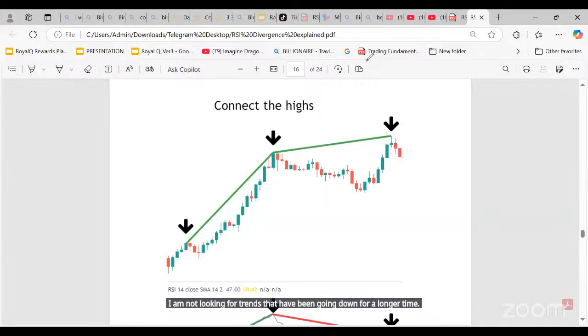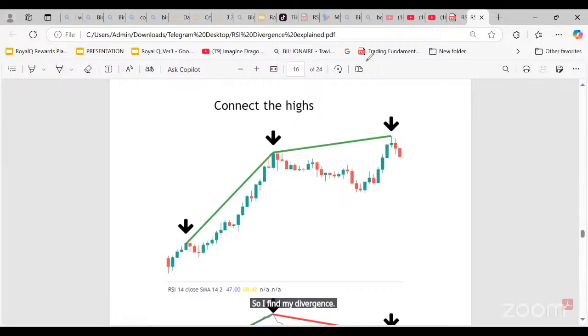I'm looking for a divergence to find an opportunity. So I find one here. Tomorrow I'm just sharing what we have learned, but tomorrow I'll dig deep. So I find my divergence.